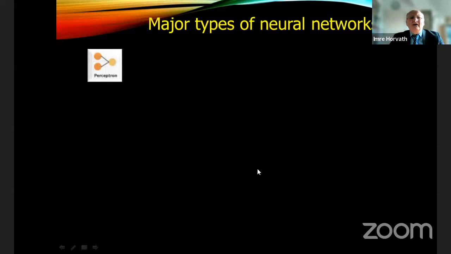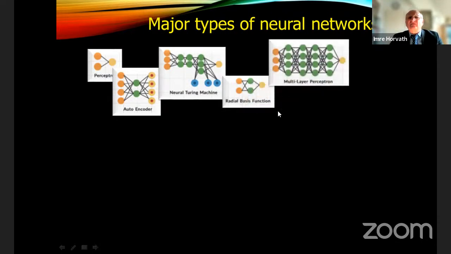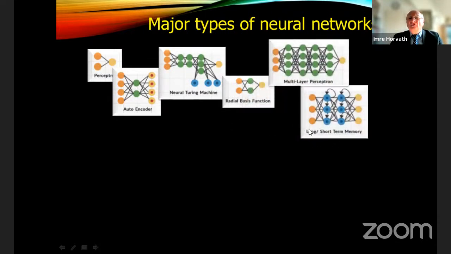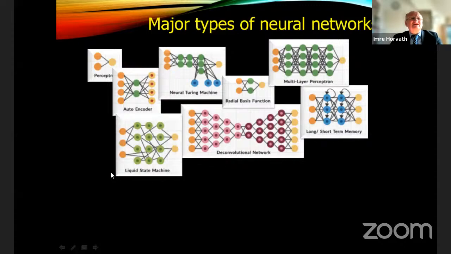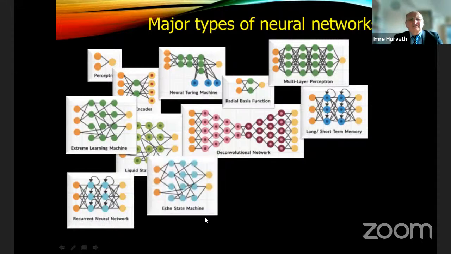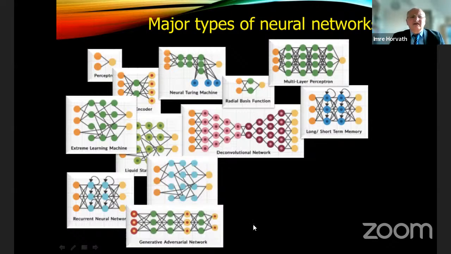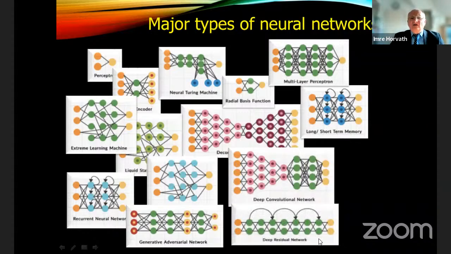Actually, I am not aware of any exhaustive categorization, but definitely the literature is discussing many types, like the perceptron model, the autoencoder model, the neural Turing machine, the radial basis function-based neural network, the multi-layer perceptron model, the long short-term memory, the deconvolutional network, the liquid state machine, extreme learning machine, recurrent neural network, echo state machine, generative adversarial network, deep convolutional network, and deep residual network.